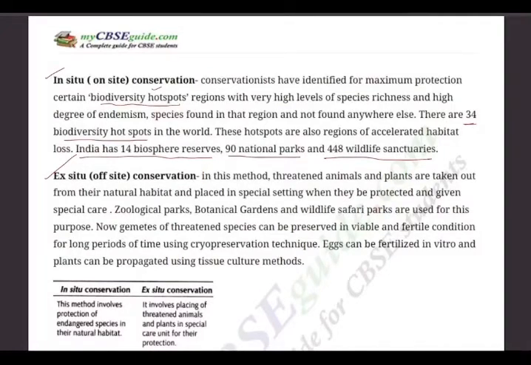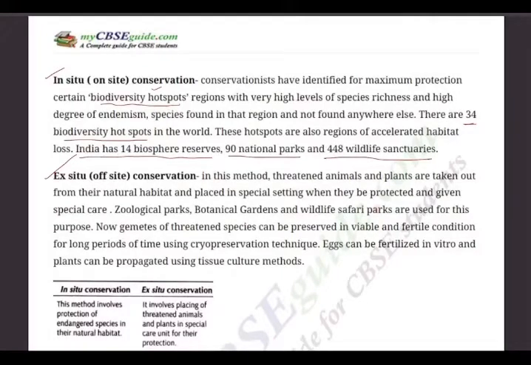They are not usually used for commercial extraction of resources. These are national parks, like Nehru National Park, Nehru Zoological Park, and then sanctuaries are tracts of land with or without a lake where wild animals and fauna can take refuge without being hunted. Like I said, bird sanctuaries, Ranganathittu near Mysore.